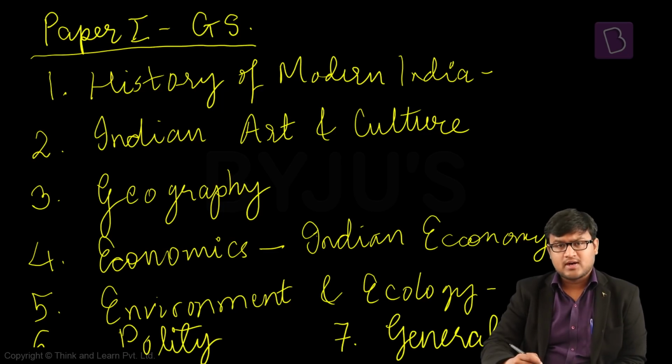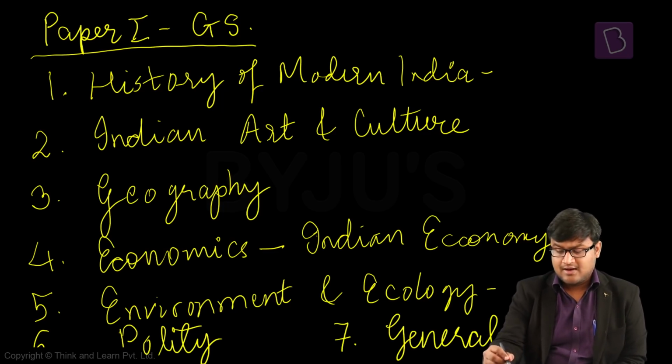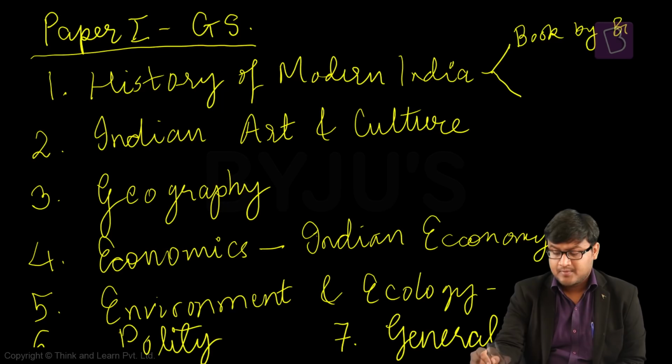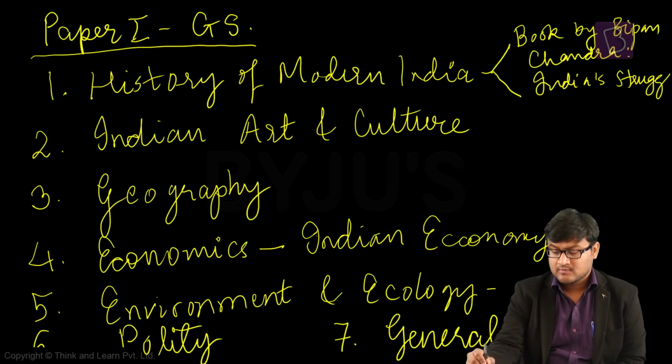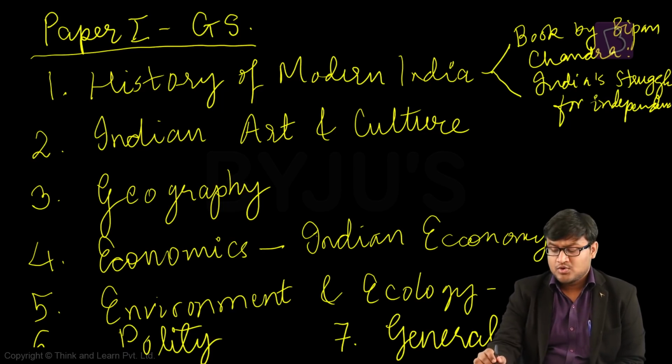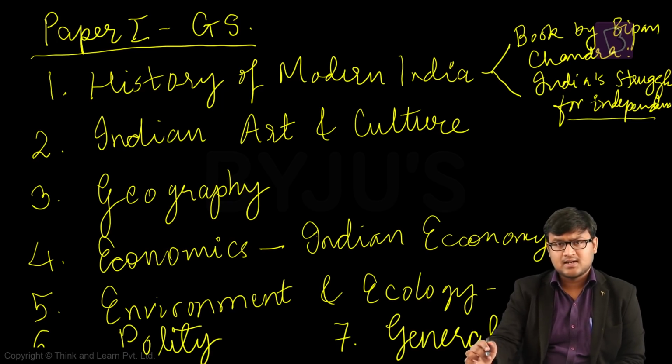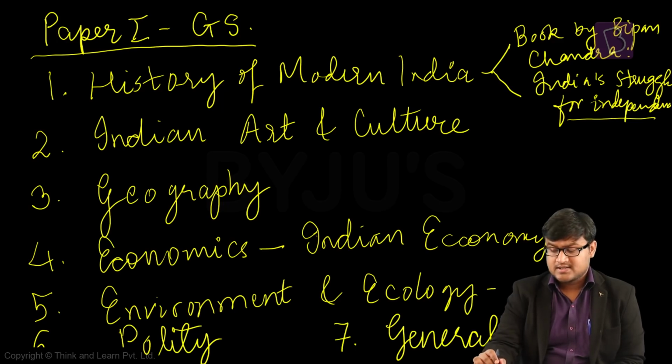For History of Modern India, we have two sources that should be followed. First one is the book by Bipin Chandra on India's struggle for independence. This book will give you a glimpse of the Indian national movement right from the 19th century till the attainment of our independence.